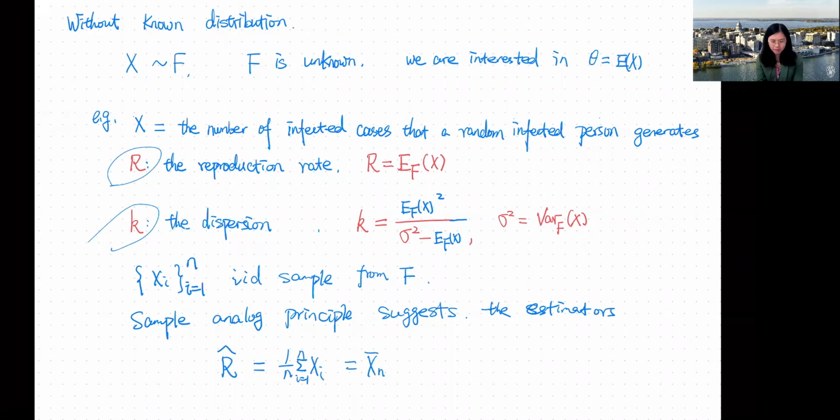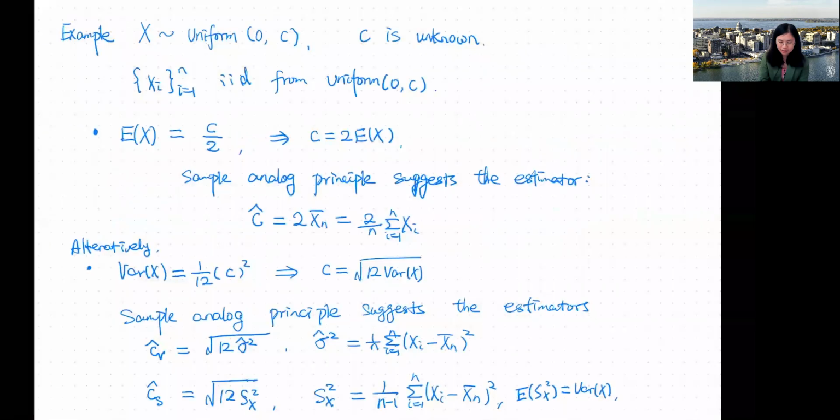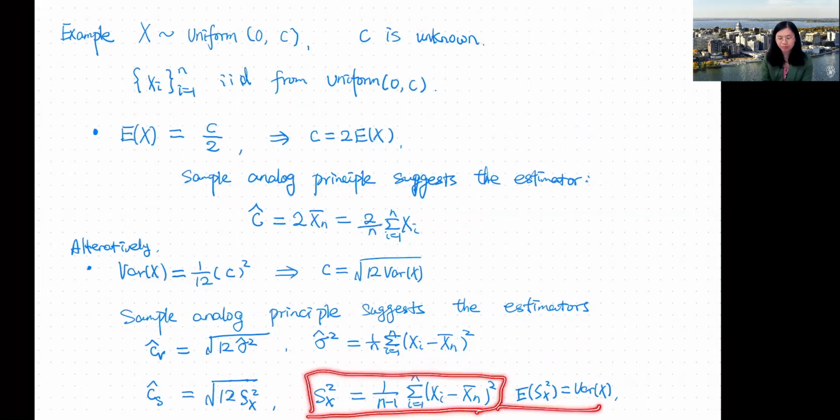The sigma squared can be estimated using either the unadjusted version of the sample variance or the adjusted version of the sample variance. Because the adjusted version is unbiased, we'll just focus on this one in the future.